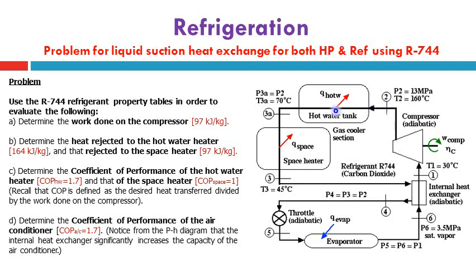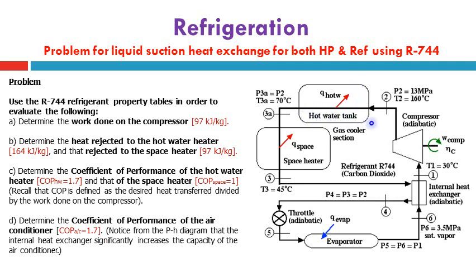refrigerant goes through this hot water tank to be cooled, and the hot water will gain the heat at constant pressure in a process of heat removal from the gas, which is the CO2.